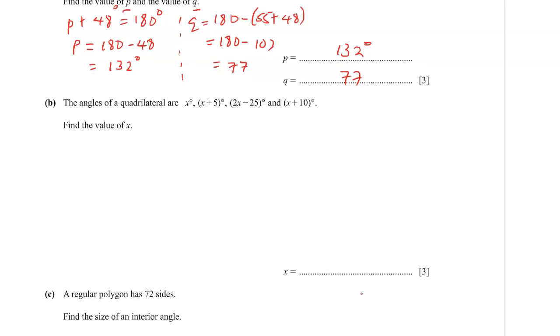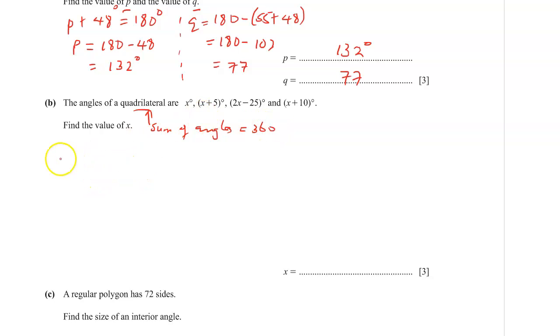B, the angles of a quadrilateral are x plus 5 degrees, 2x minus 25 degrees, and x plus 10 degrees. We have this quadrilateral, which is not regular, so we are supposed to find x. Sum of angles in a quadrilateral is equal to 360.